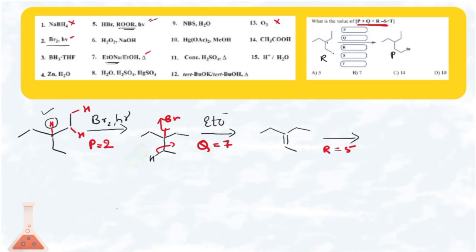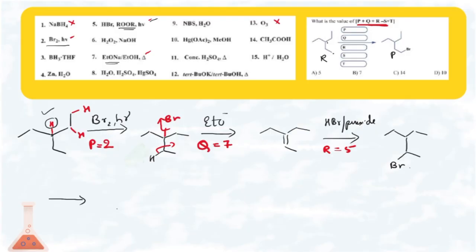That is nothing but HBr in peroxide, anti-Markovnikov's rule. So according to anti-Markovnikov's rule, what product are we going to get here? The bromine will be here like this. So now PQR is done.